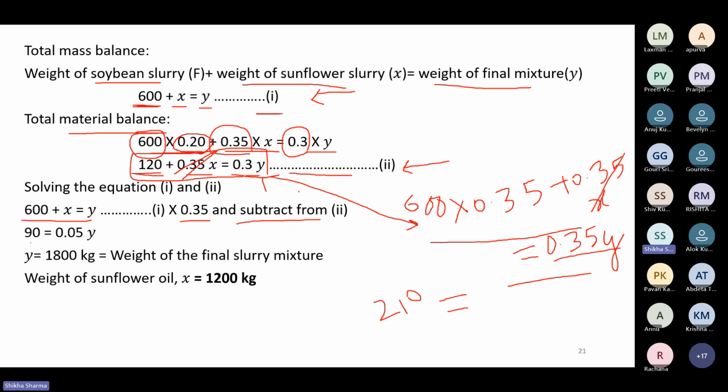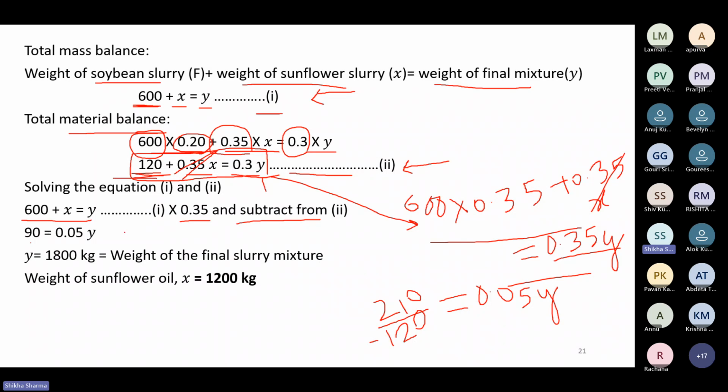0.35y minus 0.3y is 0.05y, and on the left hand side this is 210, but we need to subtract 120, right? Because equation 2 is having this 120.